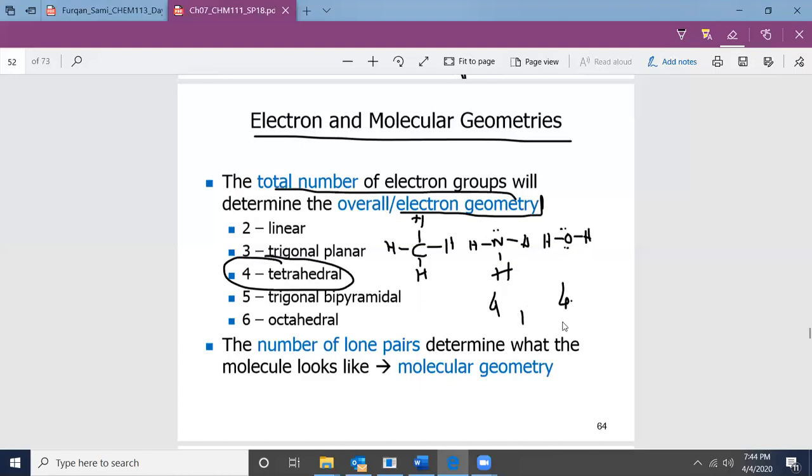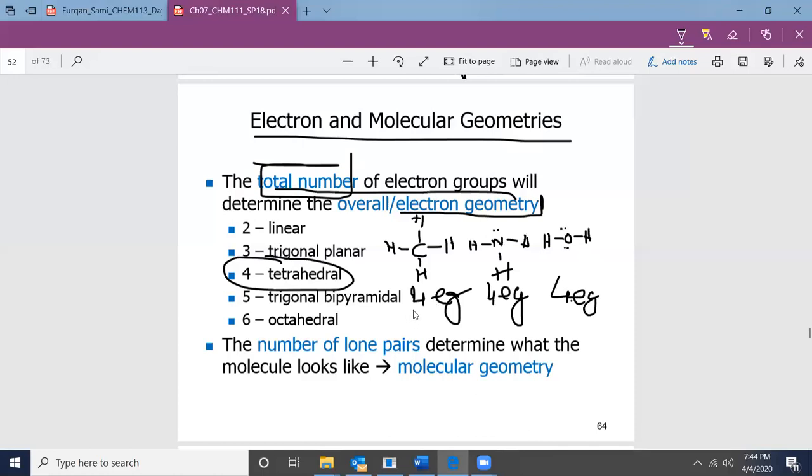This time is where I can probably be a little lost, but let me go over it again. Okay, so they all have 4 electron groups. We're talking about electron groups, right? When it comes to the electron geometry, it's the total number of electron groups. And this is again 4 electron groups around the central atom.